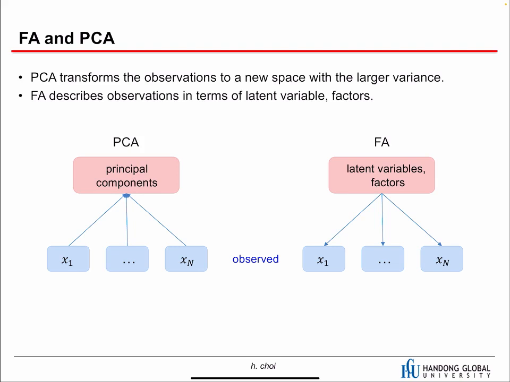So if you apply PCA and FA, we will get pretty similar results, but the interpretation will be different. In factor analysis, we used just a Gaussian distribution, but if we model FA with a non-Gaussian distribution, then we can go to ICA. We're going to talk about ICA later.